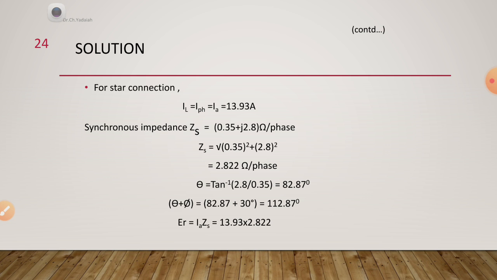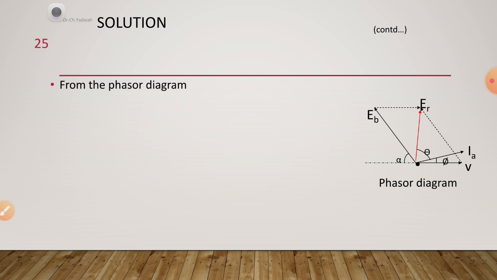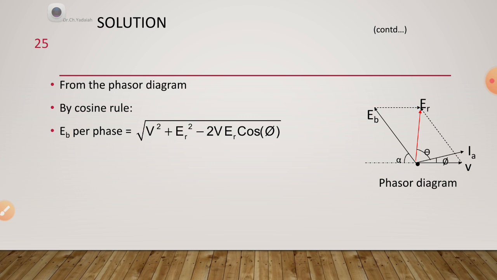So ER is equal to IA into ZS, the resultant voltage, that is equal to 39.31 volts. Now from the phasor diagram, by applying the cosine rule, EB square is equal to V square plus ER square minus 2 into V into ER into cos of theta plus phi.